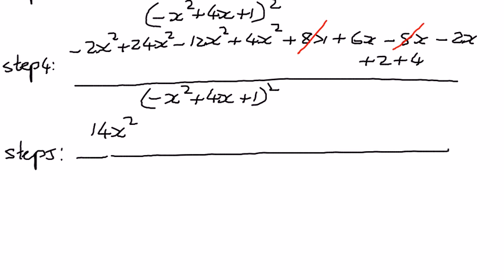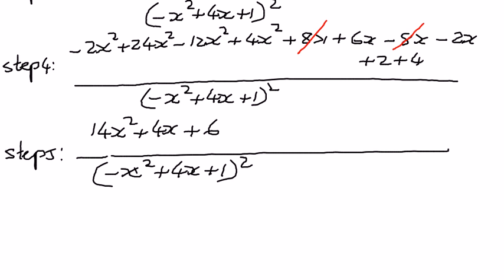So we got all the x squared terms taken care of. Then we have 6x minus 2x, which is going to be equal to plus 4x, and then 2 plus 4 is going to be equal to 6, and this whole thing is divided by minus x squared plus 4x plus 1. This whole thing is raised to the power of 2.